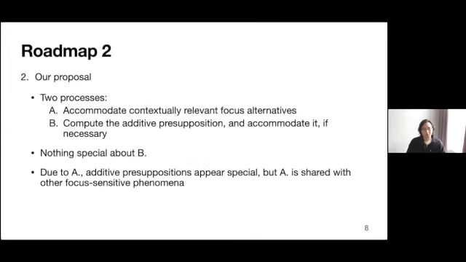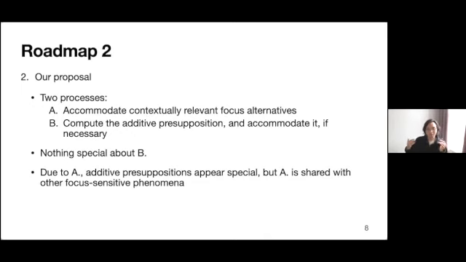And in particular, we will propose the following view. Our idea is that there are two processes that you have to do when you try to interpret an additive particle.